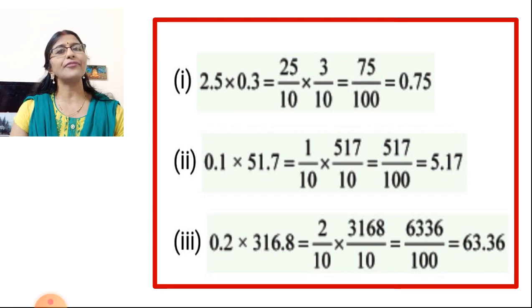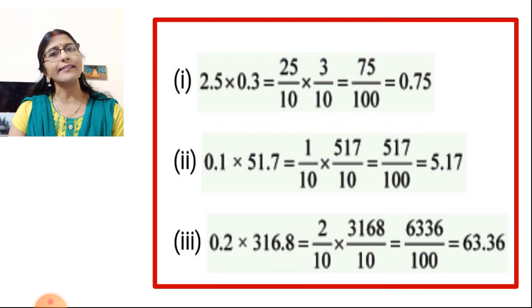Now let us go to the next question. 0.1 multiplied by 51.7. Again we'll do the same thing. 0.1 we will convert into a fraction, because there is one decimal place. So we are going to multiply both the numerator and the denominator by 10. In the denominator 1 is there. So the point will be removed, and you will get only 1 in the numerator and 10 in the denominator.